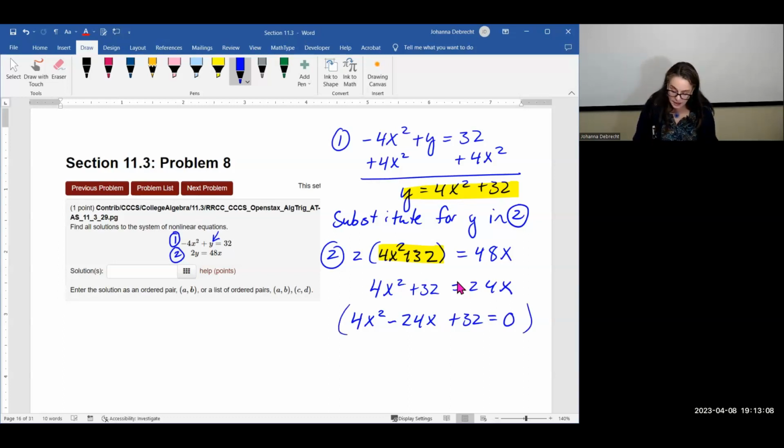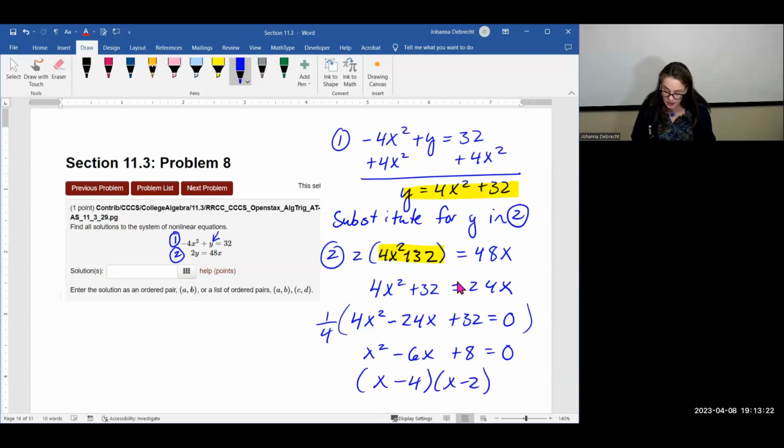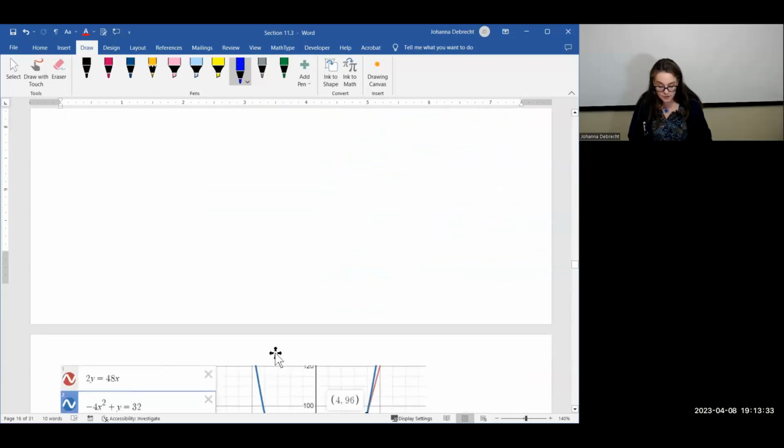I'm going to write that as multiplying the whole thing by 1/4, which will give me x squared minus 6x plus 8 equals 0. In this case, I believe we end up with the same solutions that we did last time. We get x minus 4, x minus 2, which gives us 4 and 2 as our possibilities, and then we can substitute back in to get the solution.